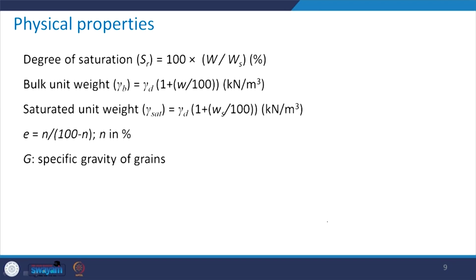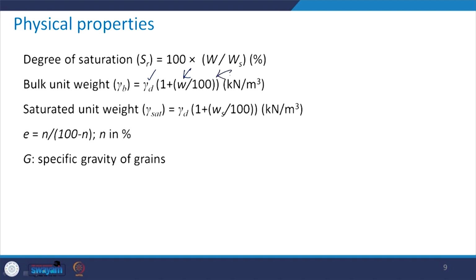Then degree of saturation, bulk unit weight. So, here you see that the dry unit weight that we have already obtained and the water content, and this water content should be in percentage, and you have to obtain the bulk unit weight using that dry unit weight and the moisture content and use this expression.